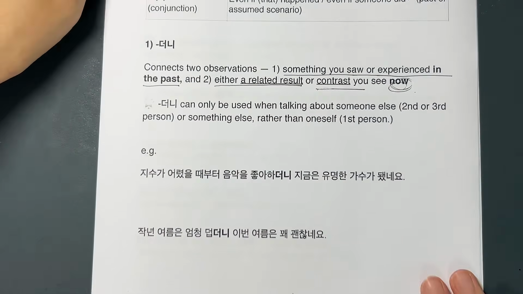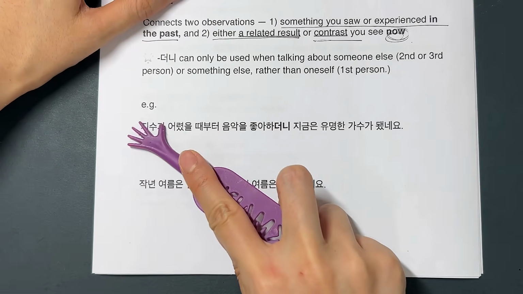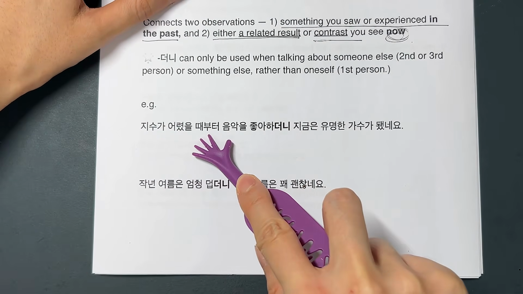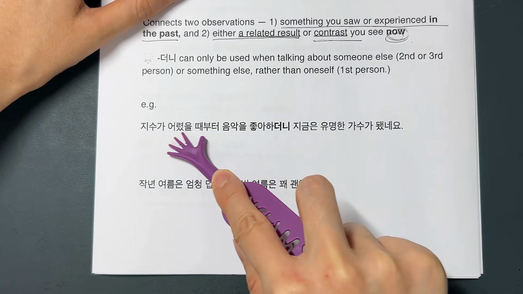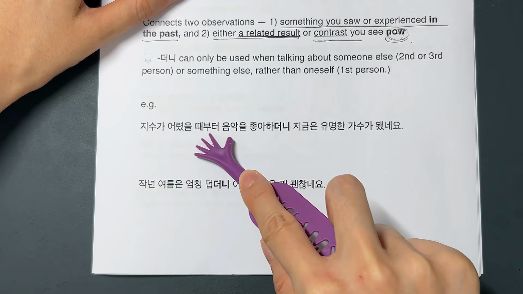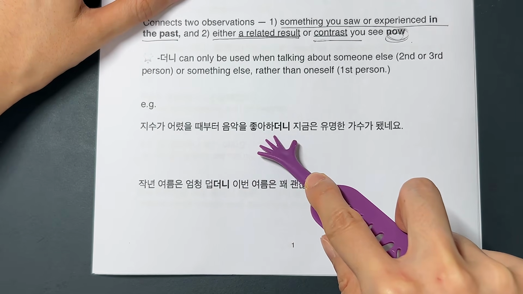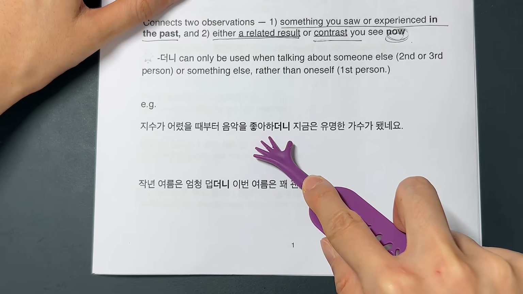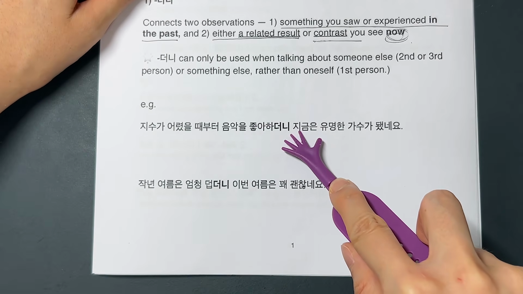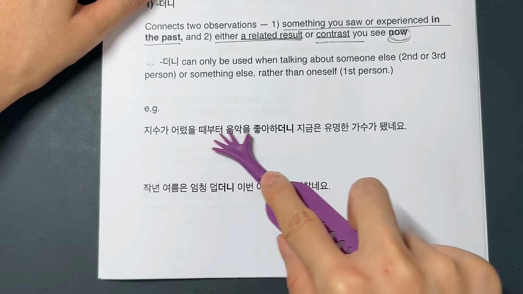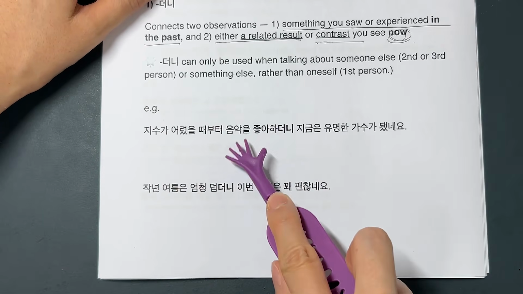So let's get straight into the examples. 지수가, so this sentence is about 지수. 지수가 어렸을 때, when she was younger, so childhood, 어렸을 때부터, since her childhood, 음악을 좋아하다. She liked music. And by using 더니, what you're expressing is that the first thing you said is something you saw or experienced about 지수 in the past.